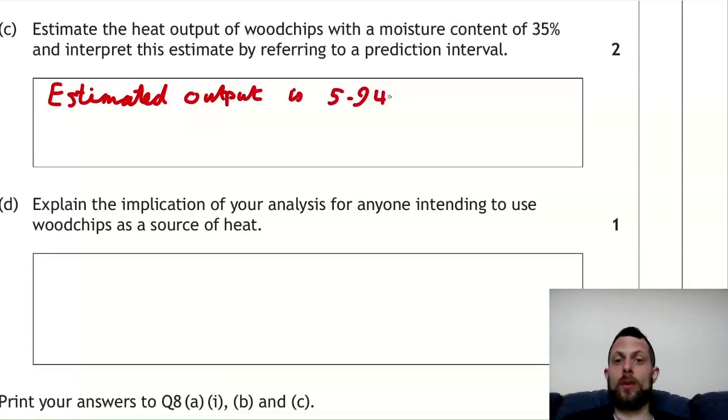Now it says that we should interpret this by referring to the prediction interval. The reason there's a range of values is because even though it was a strong correlation, we could see there was some range of variation. Not all the points on the scatter plot lay on a perfect straight line.